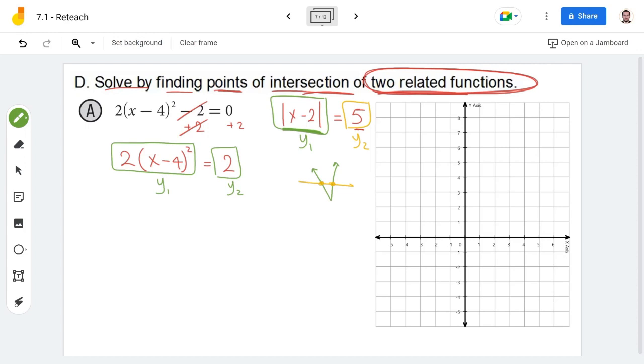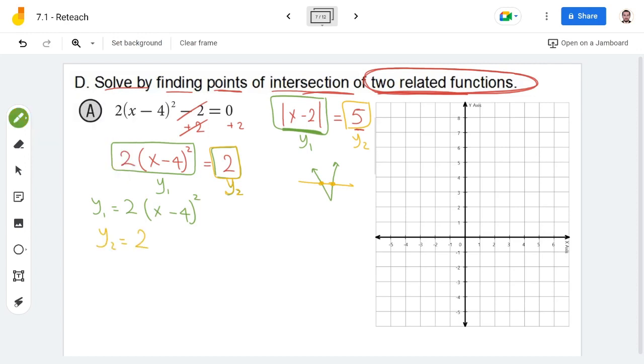Let me change the color from green to yellow to differentiate between the two functions. y2 is this, like this. So now the green one, y1, is equal to 2(x - 4)^2, and the second function, y2, is equal to 2.